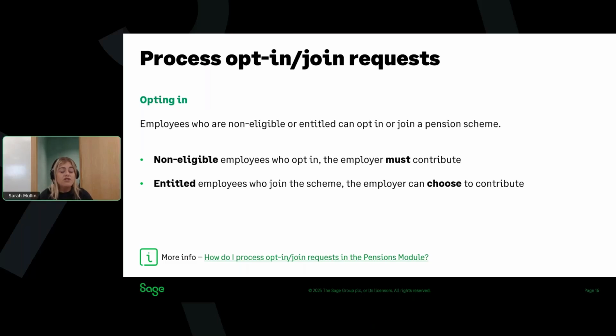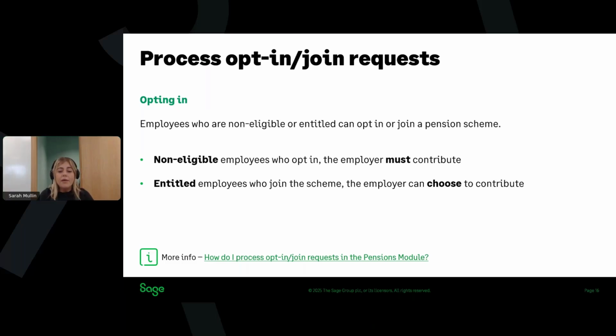We then have opt-in or join requests, so employees who are non-eligible or entitled can request to join the pension scheme. So non-eligible employees can opt in, and if they do, remember the employer must contribute also. Entitled employees can choose to join the scheme, but in this scenario, the employer can choose whether to contribute.